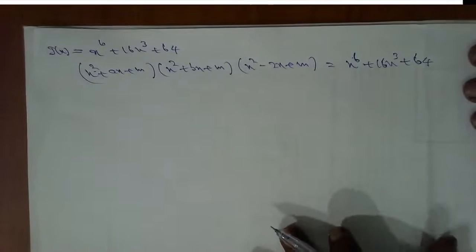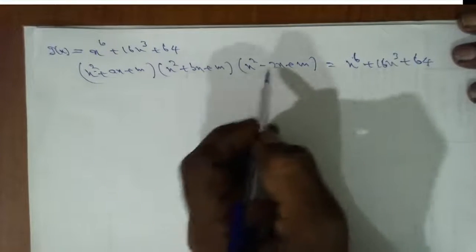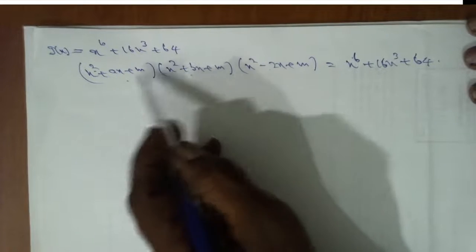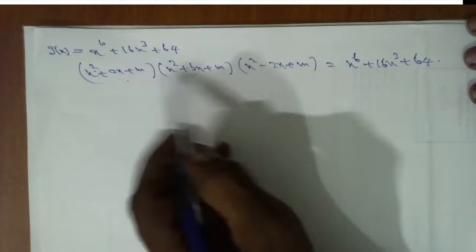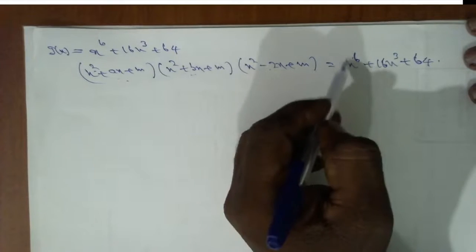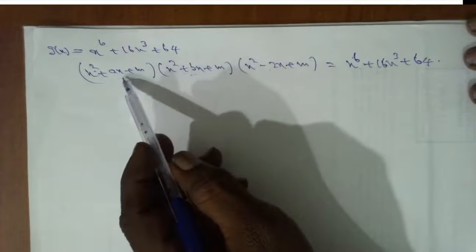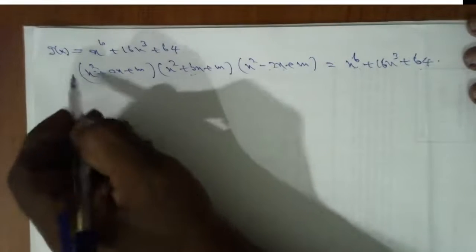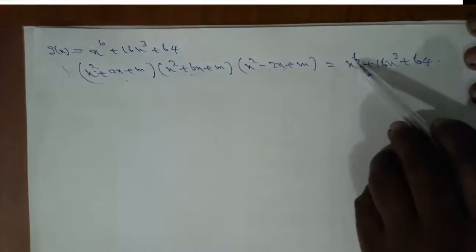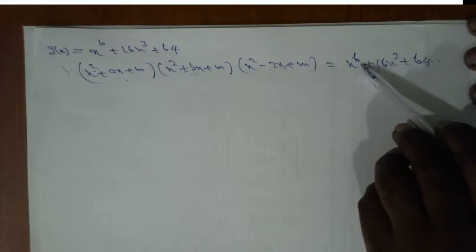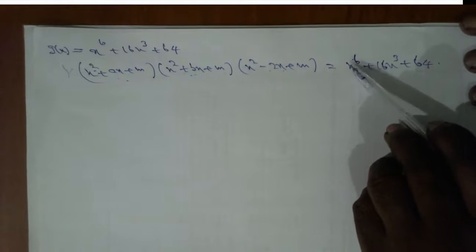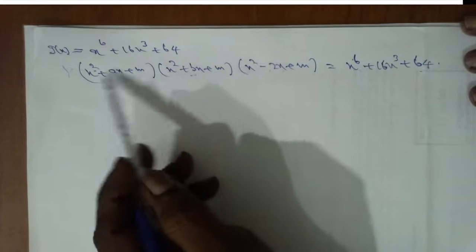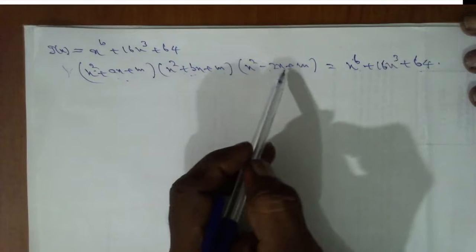Now they say that the factors of these are these three. Then therefore the product of these three expressions should be this one, right? You don't need to put a constant here because the coefficient of x to the power of 6 is 1 on the right hand side, and on the left hand side also the coefficient of x to the power of 6 is 1, right?